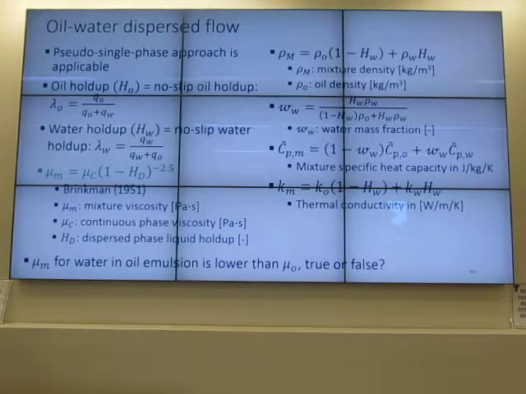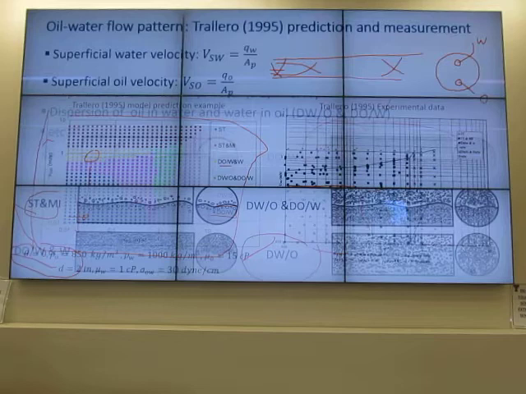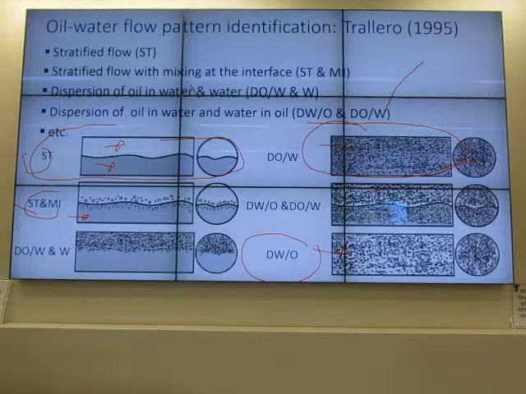For the case where we can assume fully dispersed flow, we will say oil hold up equals no slip hold up. No slip hold up means the actual velocity of oil and the actual velocity of water are the same. So if I have a particle in the oil phase, it moves at one speed, and a particle in the water phase has to move at the same speed.